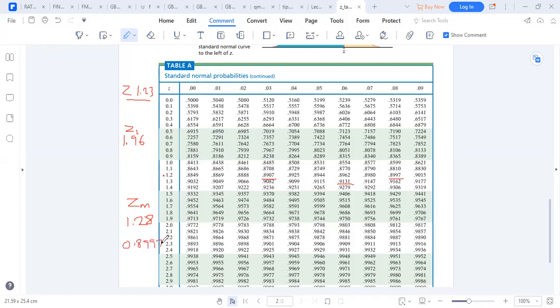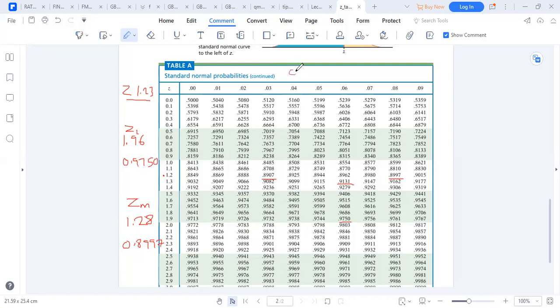That's correct. The ladies: 0.9750. Okay. Now help me read from inside the table.